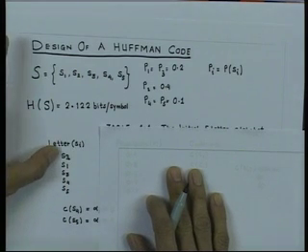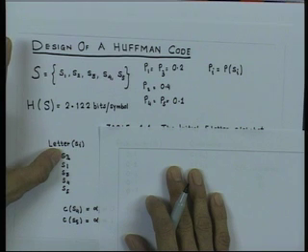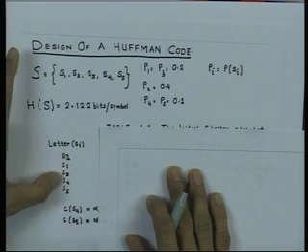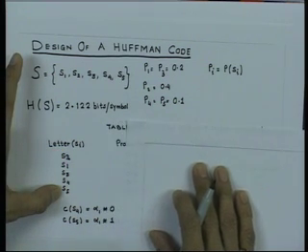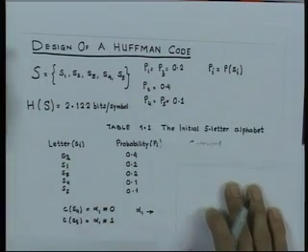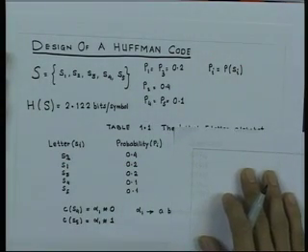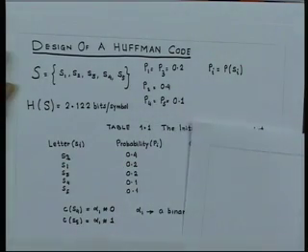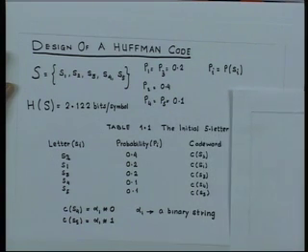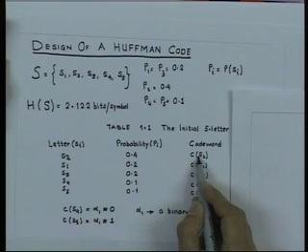So, we have the initial 5 letters of the source, arranged in decreasing order of probabilities. These are the probabilities which I get, and let us assume that finally I want to get the code words for this, denoted by C(Si).